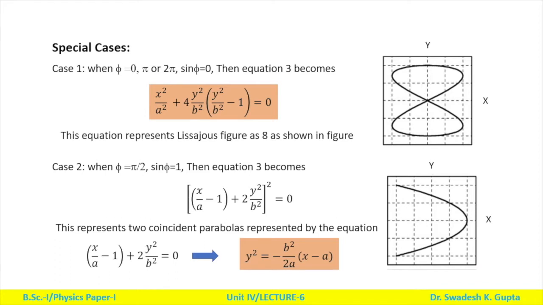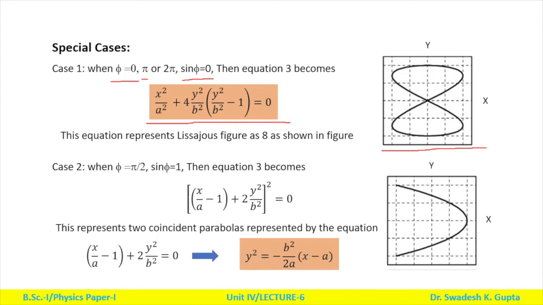So one case is when the phase difference between the two SHMs is 0, and in that case sine phi will be 0. So either phi is 0 or pi or 2 pi, sine phi will be 0. Then the equation which we got in the previous slide will give this equation, and this equation represents the Lissajous figure, which looks like the English number 8, as you can see here in the figure.